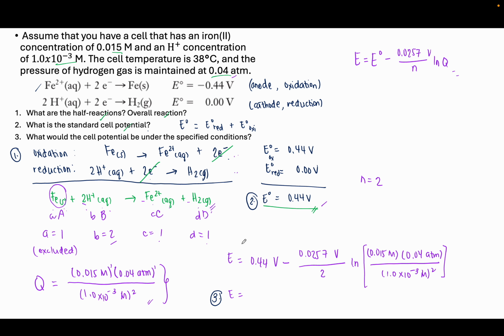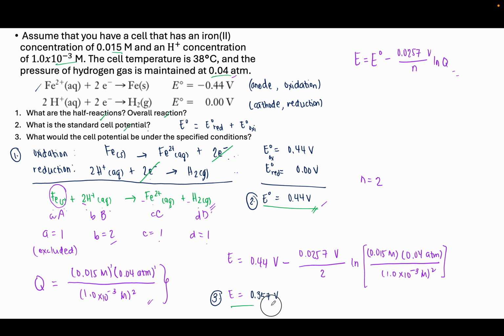Right, so let's have a calculator. Let's see how much it is. If we try to get the value, on your end, how much is this? This should give you a value of around 0.3569, or 0.357 volts.